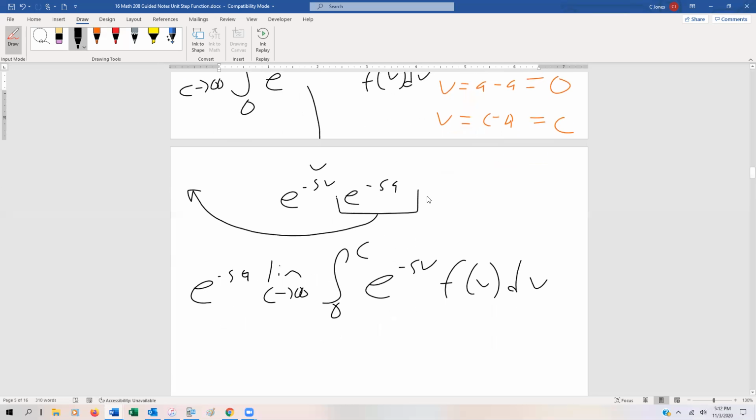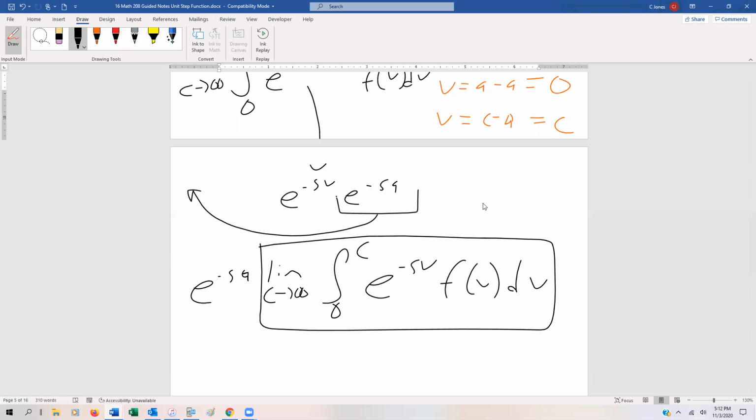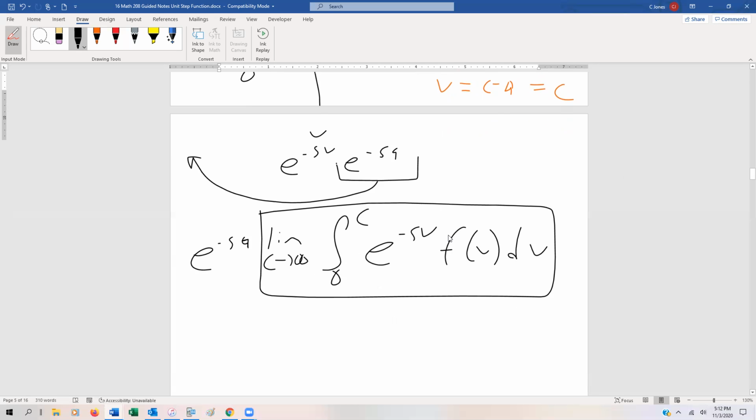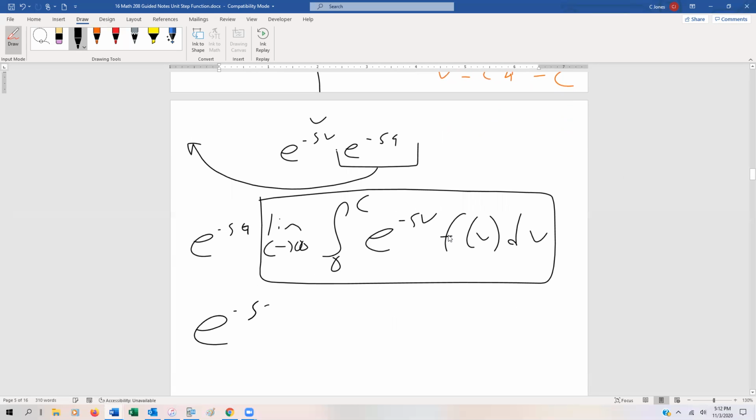And what's truly cool about this is that this is just the Laplace transform definition. It's really f at v, so we might have to do a transform of some sort to make that happen, but this one's done at this point. So we can finally rewrite this as e to the minus sa times the Laplace transform of our function, after we do some sort of transformation on this. It is a function of t, but we're probably going to need at least one transform to make sure that this works out to be the Laplace transform. So a pretty cool way of verifying this.